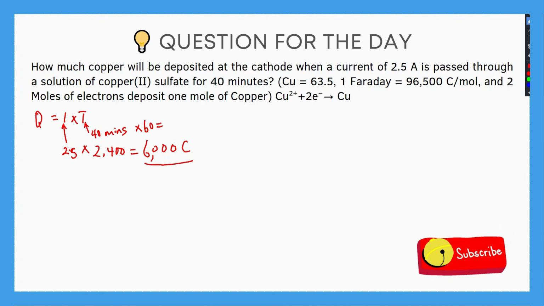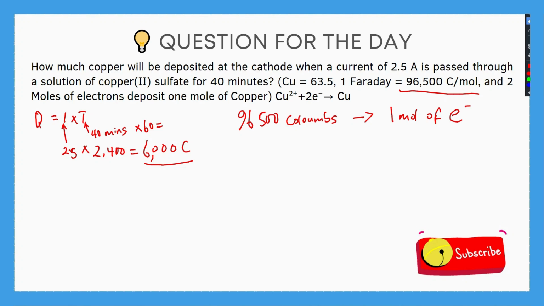So now we have the total charge that has been used in this chemical reaction to be 6,000 coulombs. Now that we have the charge, let's calculate the number of moles of electrons that was used. How do we do that? We simply use Faraday's constant over here. Faraday's constant tells us that you need 96,500 coulombs to move 1 mole of electrons.